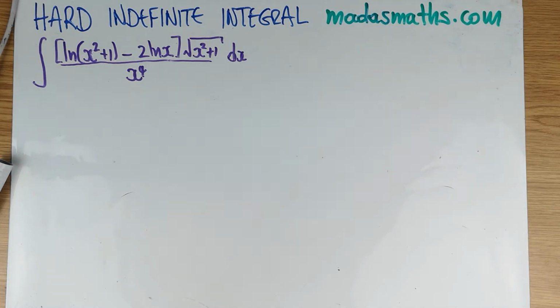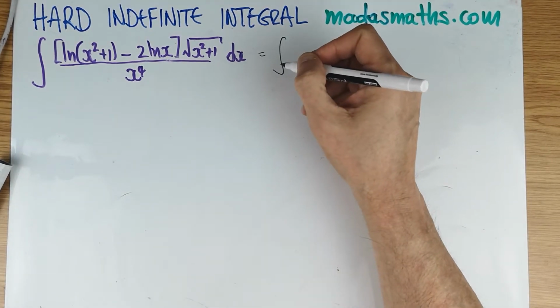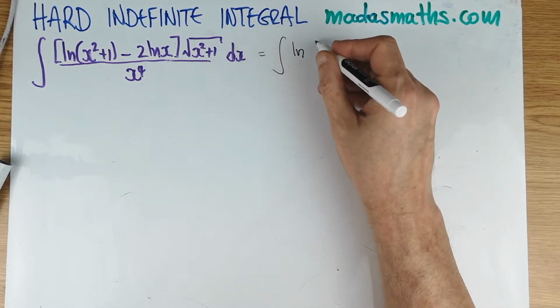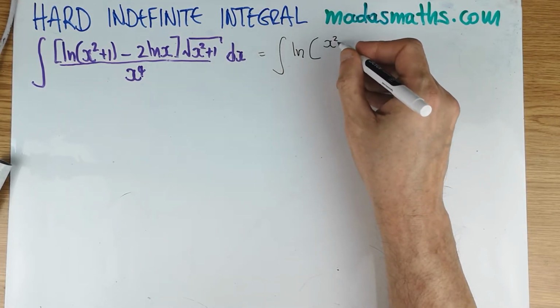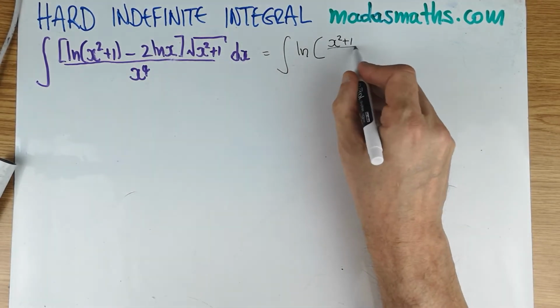So because I have two logs here, I'm going to put them together. That's the log of x squared plus 1, and that 2 I'm going to write as an x squared.